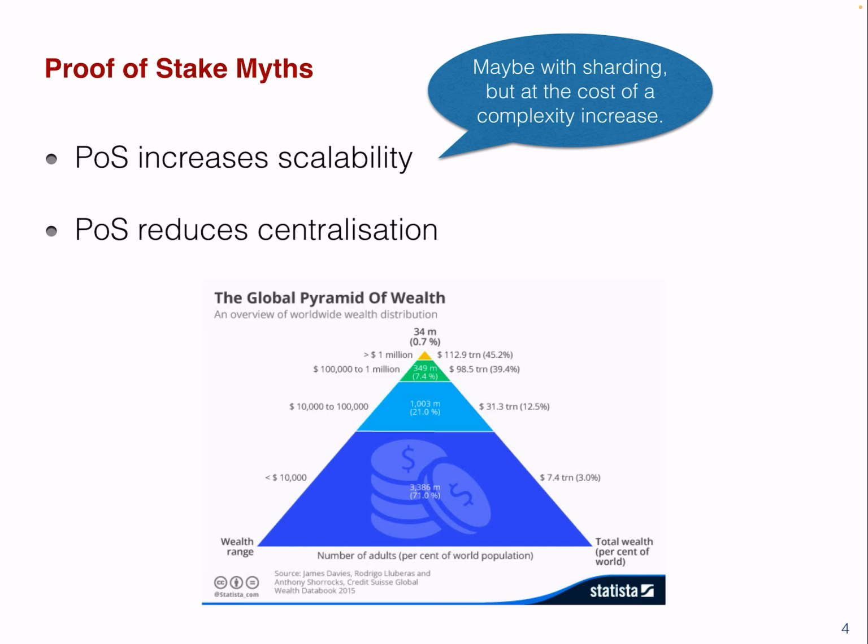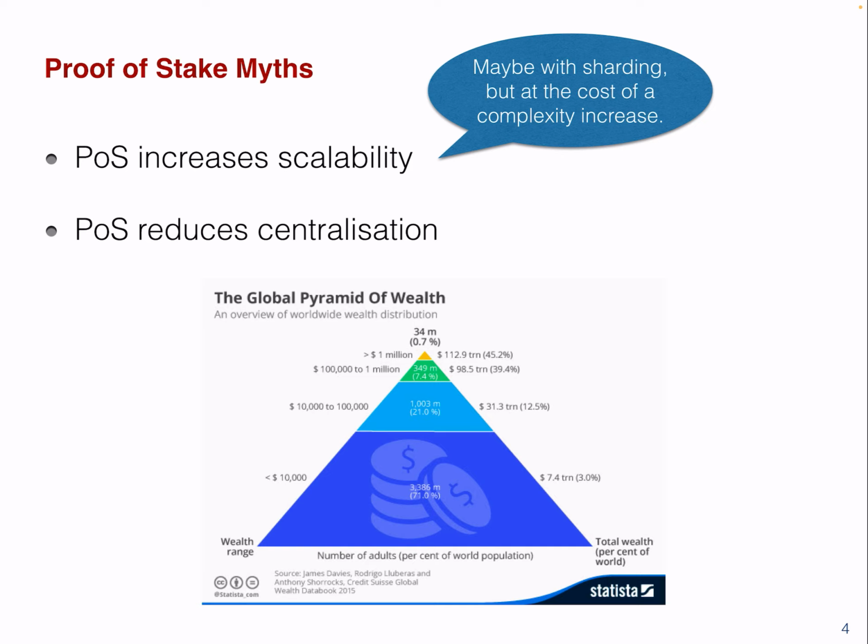I would still like to discuss two myths that are basically floating around proof of stake. So many people think that proof of stake itself increases scalability, and that's not the case. Proof of stake is really just a leader election mechanism, but it doesn't increase the throughput of a blockchain.